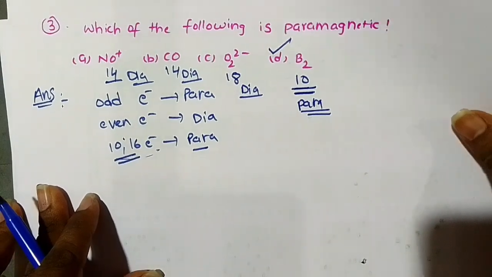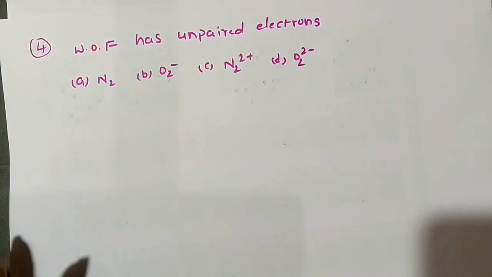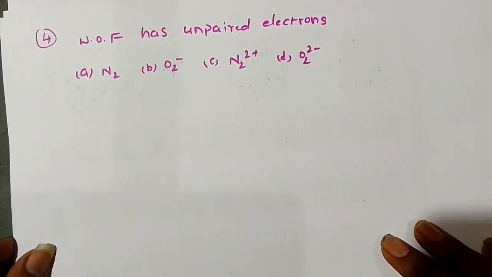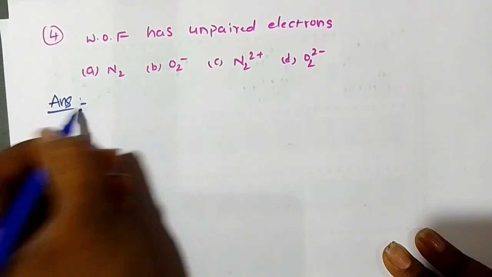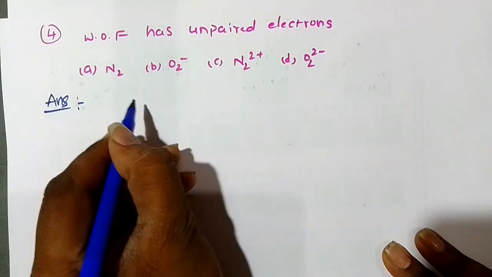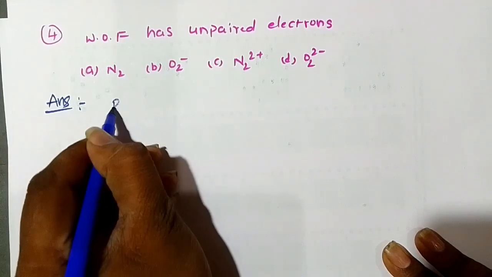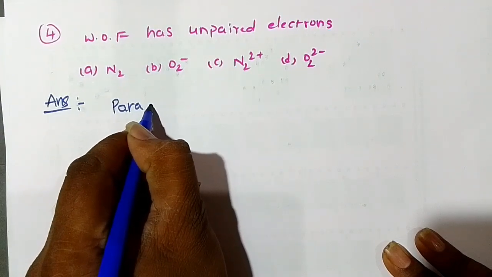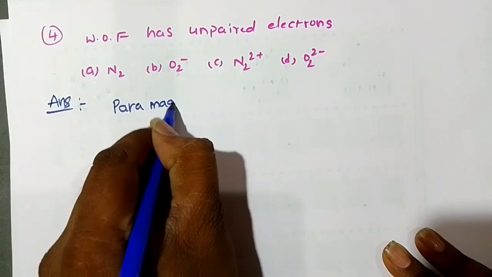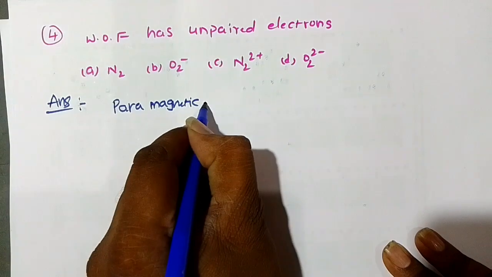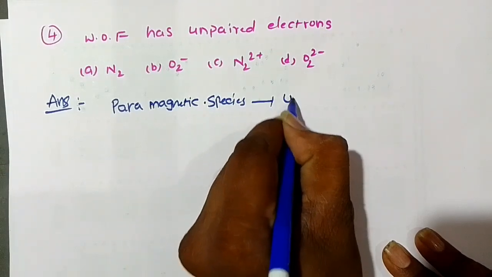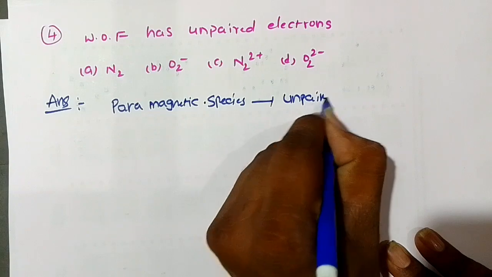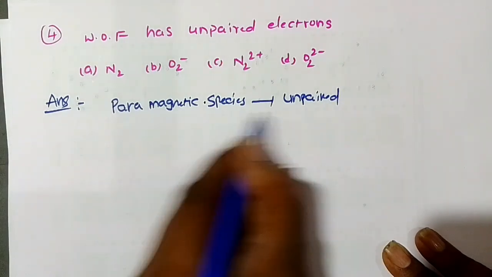Next move to fourth question. Which of the following has unpaired electrons? So unpaired electrons means paramagnetic species. Paramagnetic species contain unpaired electrons.